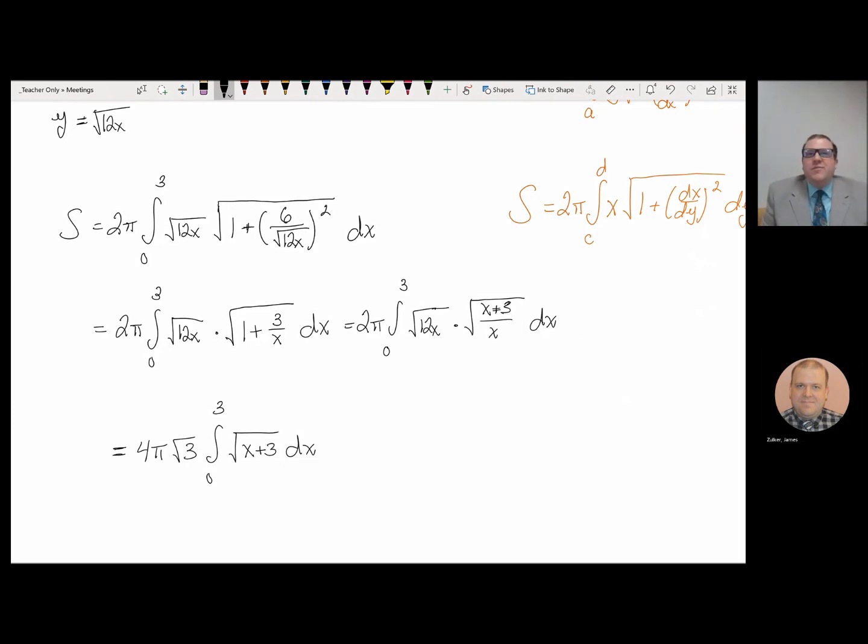X plus 3 has a derivative of 1, which makes u sub very simple. Two-thirds times x plus 3 to the 3 halves is your antiderivative.